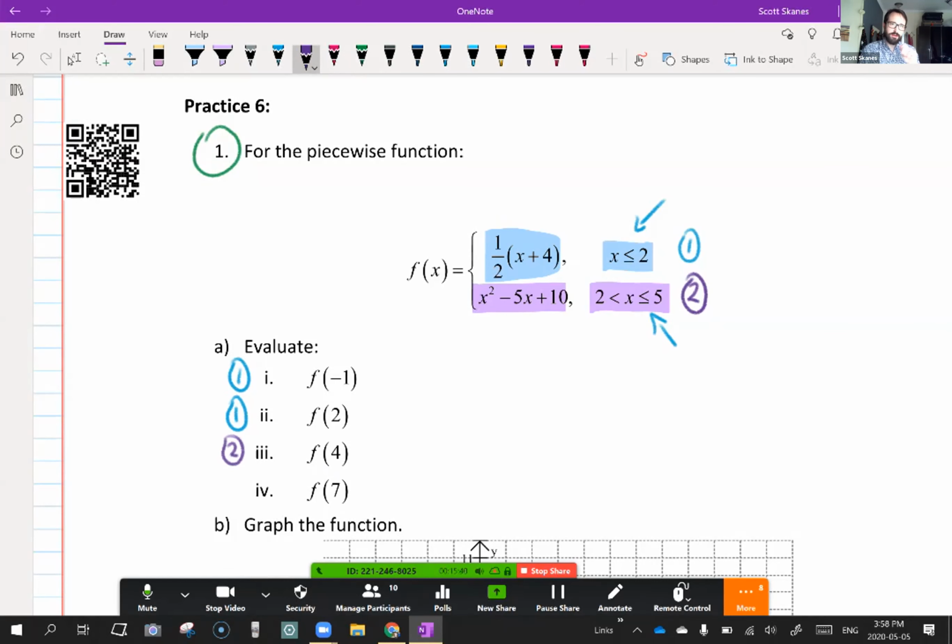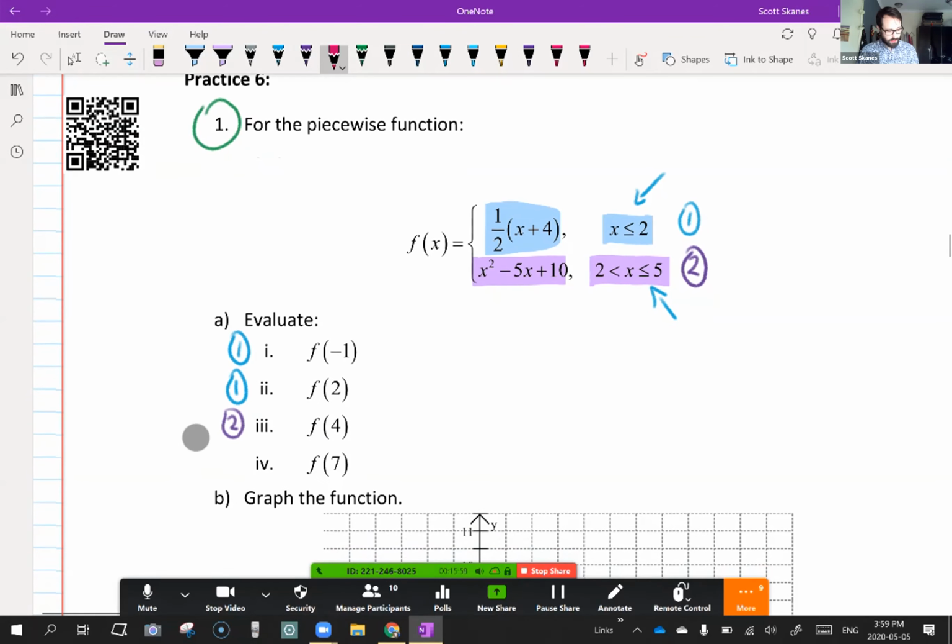What about the fourth one? It's kind of a trick question. Anybody going to risk telling me? The last one, you'll notice you can't use either function.